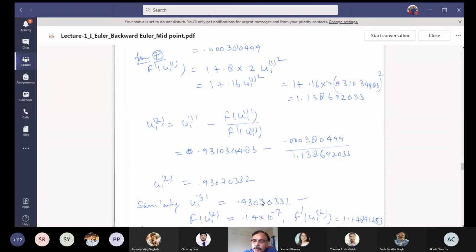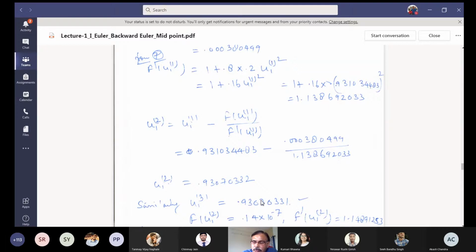Now, if you fix your value at U13, U1 is now U13, and the value turns out to be 0.930703331, right? Now you have to proceed for U2, so you have to calculate U21.